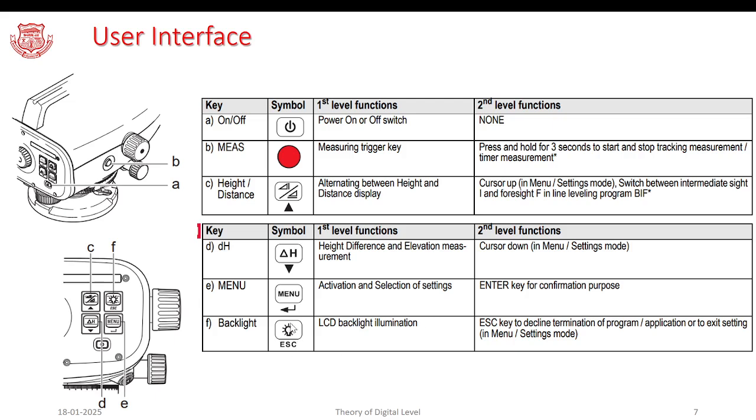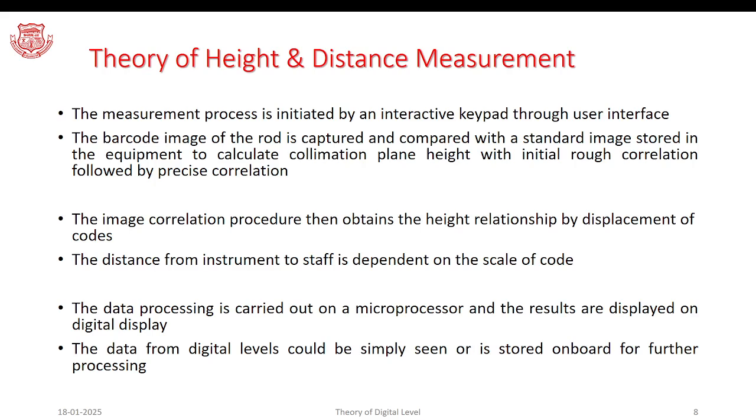Here you can see this particular bulb sign. This key as a second function we can use in order to escape, that is coming out of that particular mode. When we use the equipment, you will be able to understand this in a better manner.